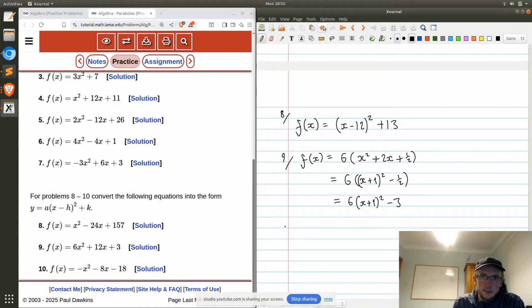And last, okay, so let's factor out the negative sign. And we will have x squared plus 8x plus 18.